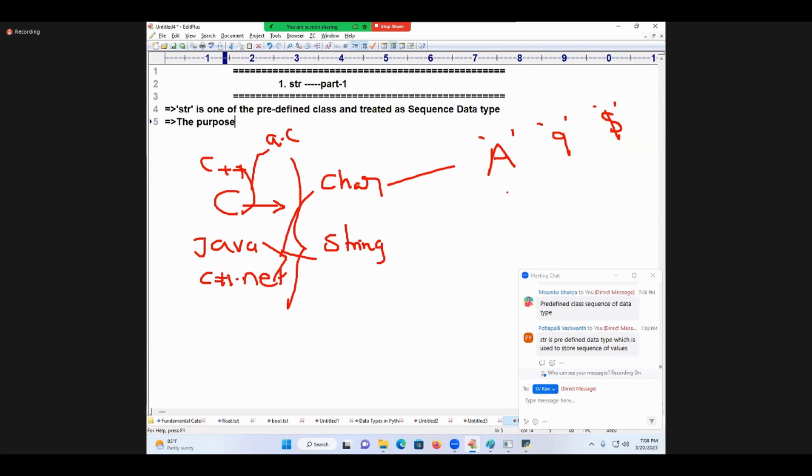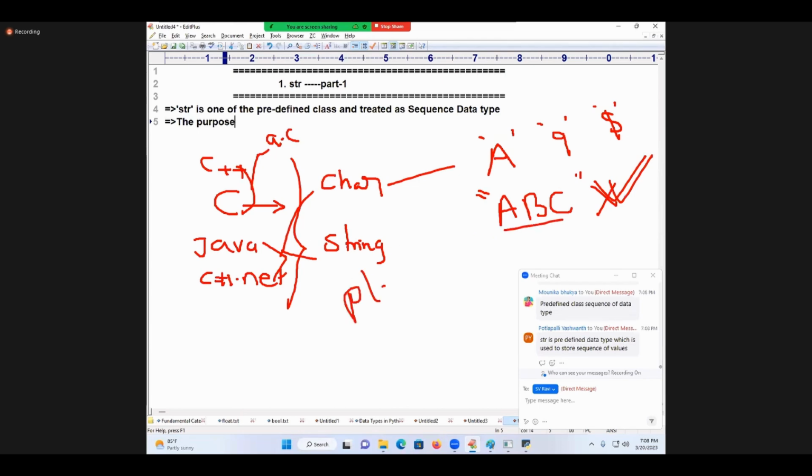A group of characters enclosed within single quotes is wrong. It is not a char. It is a string. So I need to write it within double quotes. That time it is valid.